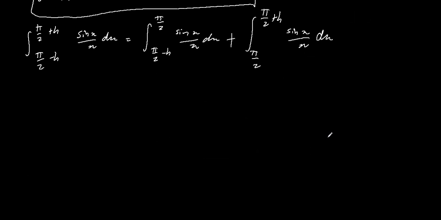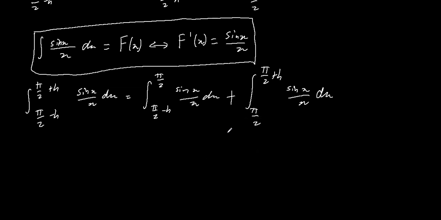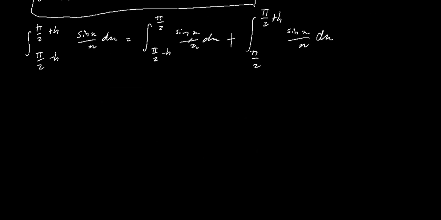Because I assume that there is some solution, I can just use the normal definite integration rule. For example, if I'm integrating between 0 and 1 of, I don't know, 2x dx, I just do the indefinite integral, that's just x squared, and then I sub in values of 0 and 1.